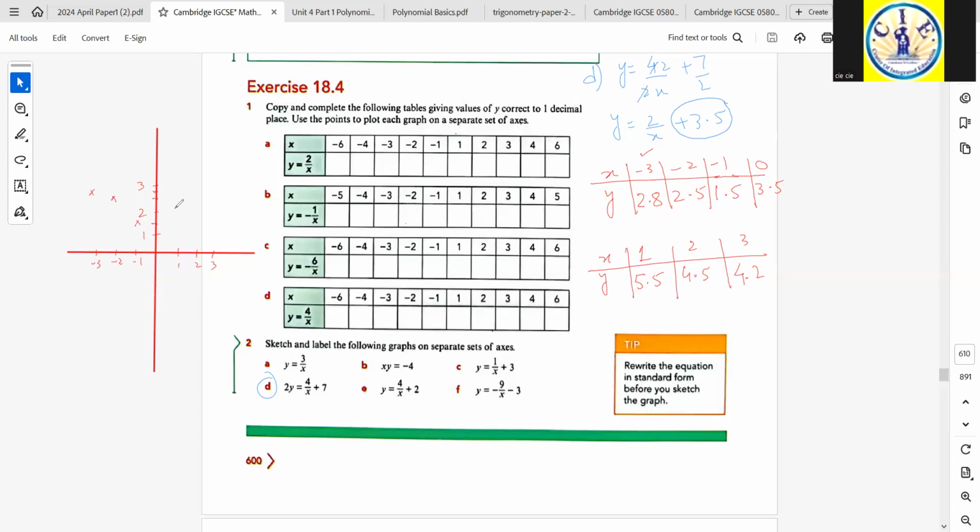Rather, when x is 0, this part becomes undefined, 2 divided by 0, and we are not going to substitute this value normally as we have been doing in the previous parts.